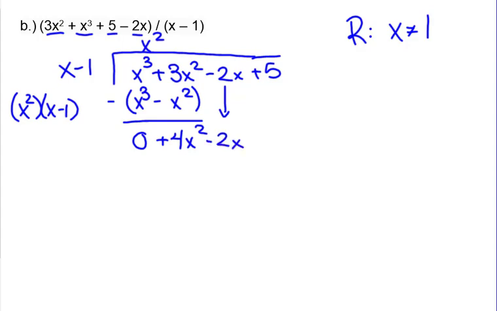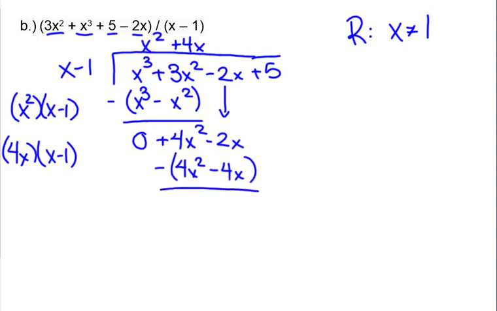Bring down our next term. x times what gives us 4x squared? Well, that's positive 4x. So 4x times x subtract 1 is 4x squared subtract 4x. We have 0. Negative 2x plus 4x is positive 2x. We'll bring down our next term, and that is 5.